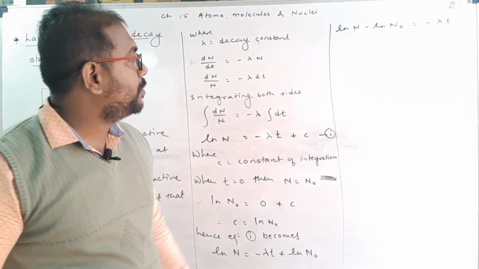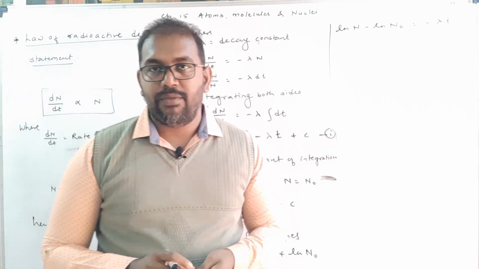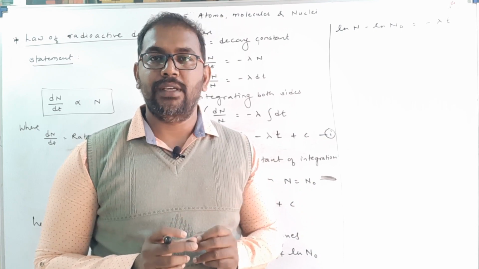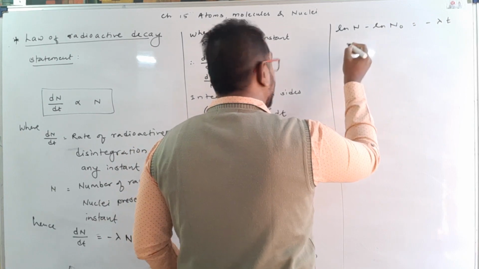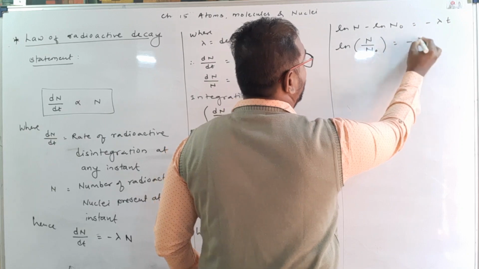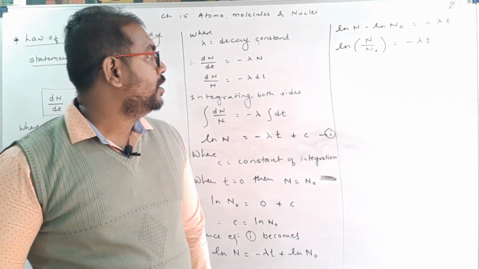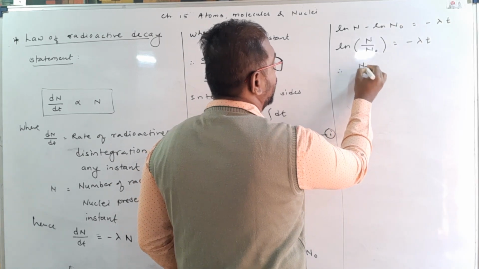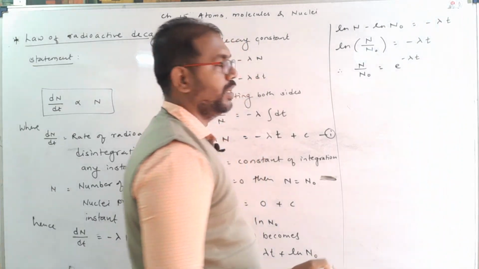Now, when we apply a log to a division, log of A divided by B is equal to log A minus log B. So by using the rules of logarithm, I can write log of N divided by N0 is equal to minus lambda t. This is log to the base e. To remove this log, I can write N divided by N0 is equal to e raised to minus lambda t.